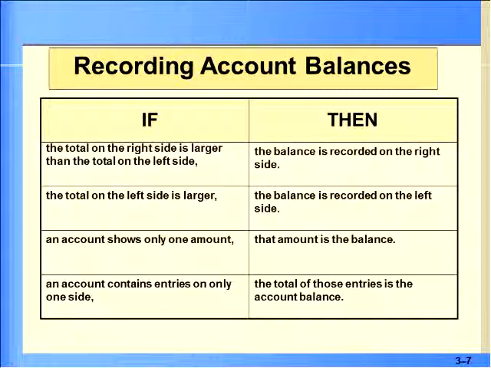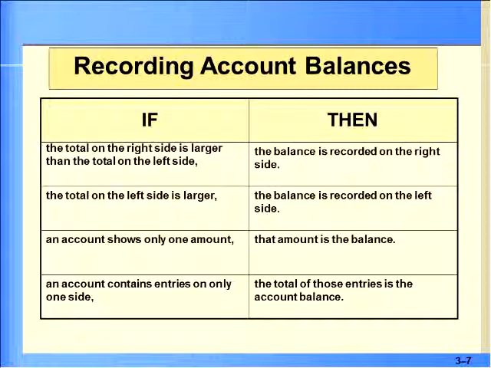An account shows only one amount. The amount is the balance. So if you got a $400 dividend check, well, you don't pay out dividends, you just get them. So that means that your dividend income account is $400.